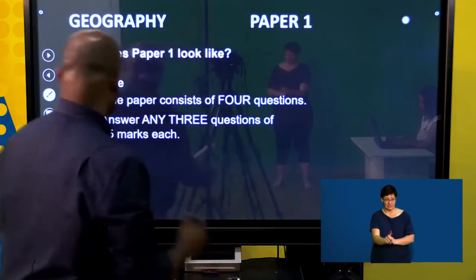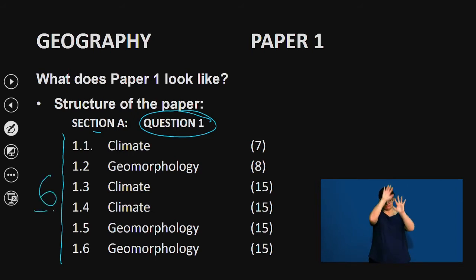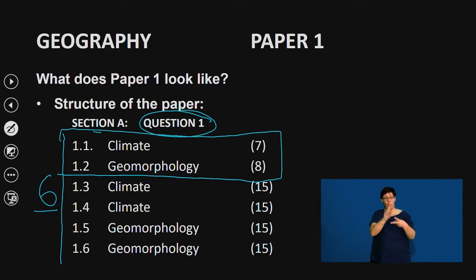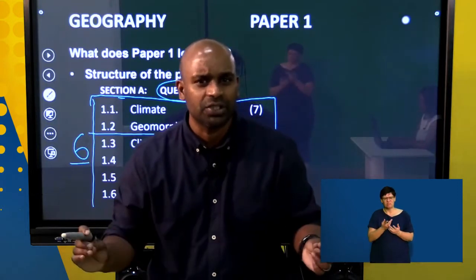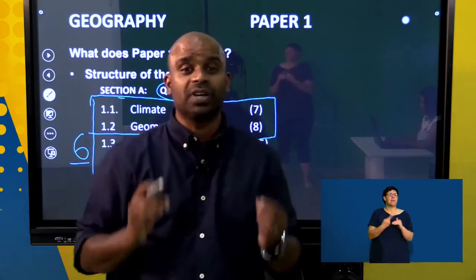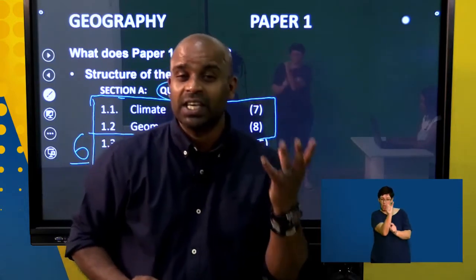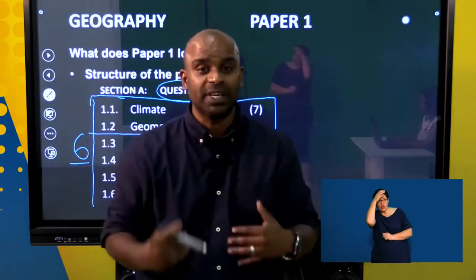Let's go further. In section A, you have question 1, and question 1 is made up of 6 sub-questions. Question 1.1 and 1.2 are your short objective type questions. What are short objective type questions? They are all about your geographical terminology. Those key words that make up the geographical concepts are what is being examined.